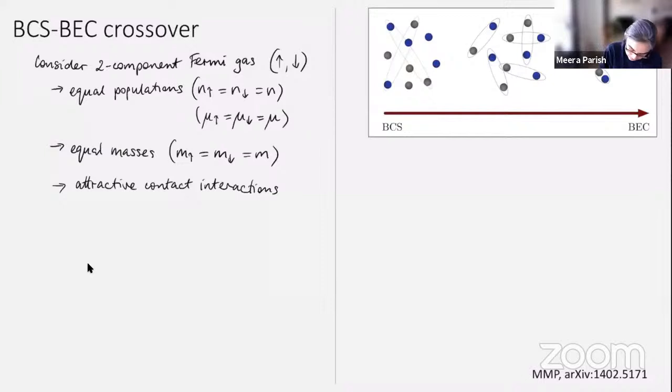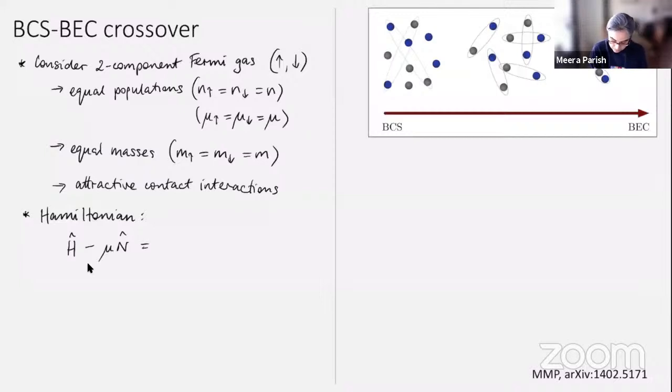Now, what we want to do is we have a many-body Hamiltonian, and I'm going to consider the grand canonical ensemble. So I'm going to have a chemical potential here.